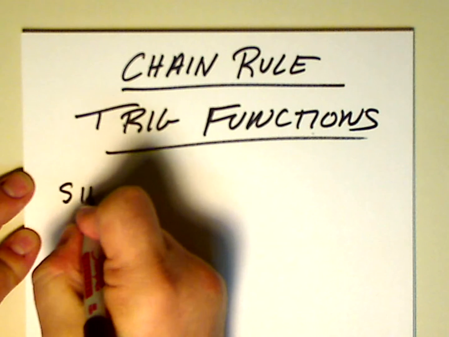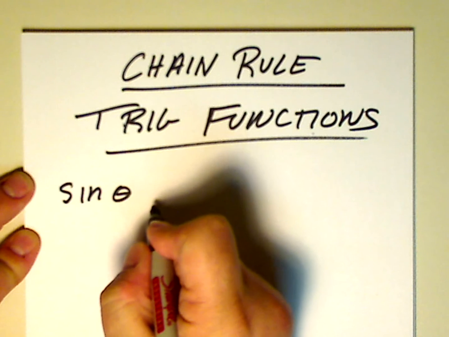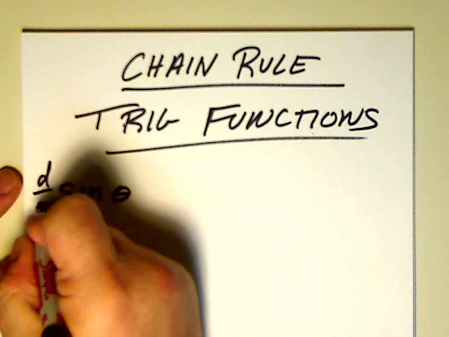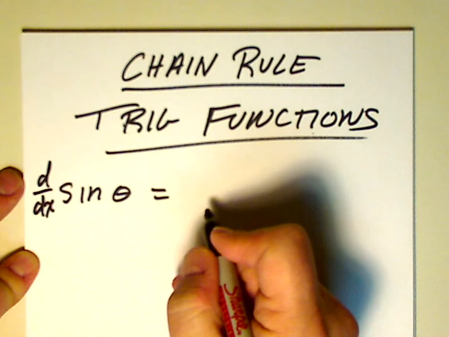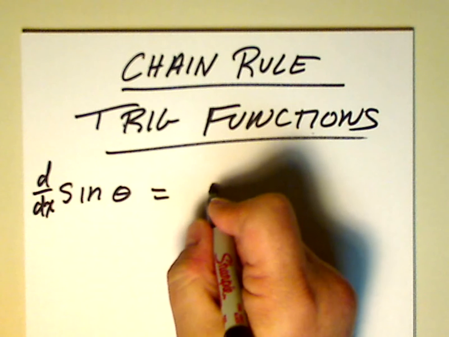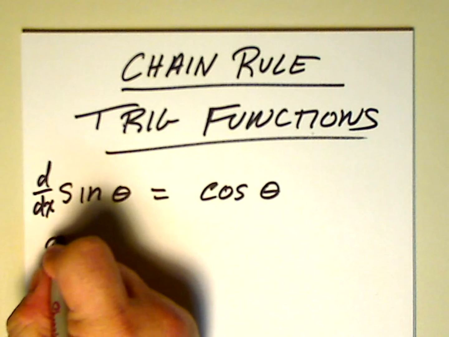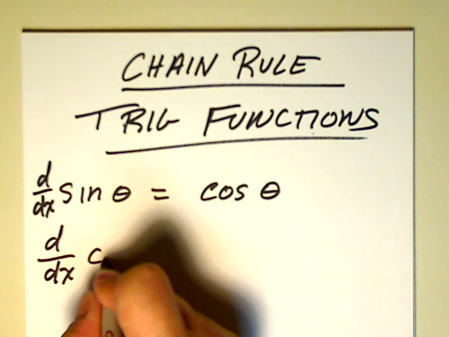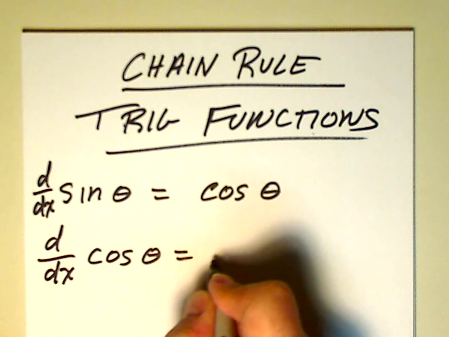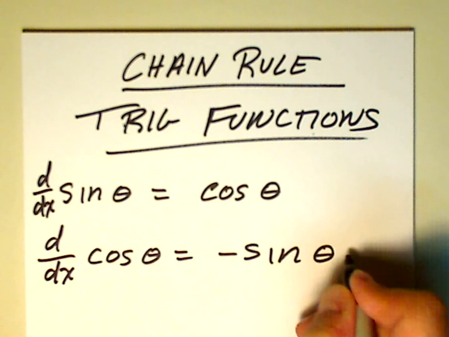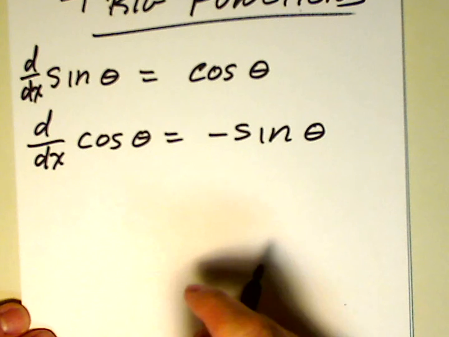So we have sine of theta. If we want the derivative of that, well, the derivative of sine is cosine theta. The derivative of cosine is negative sine.